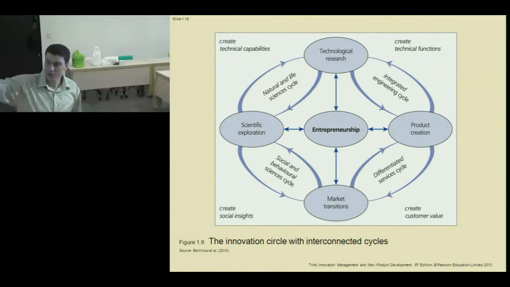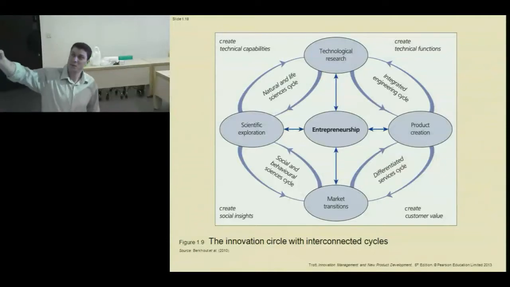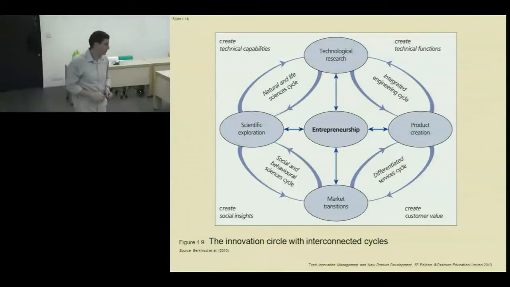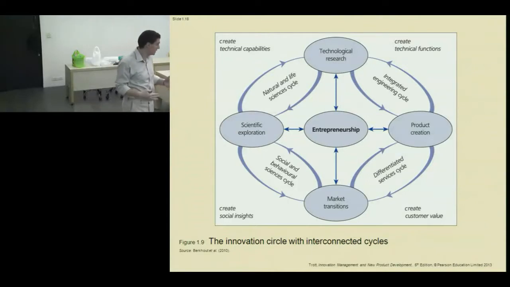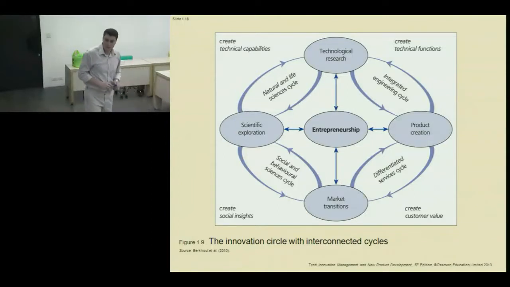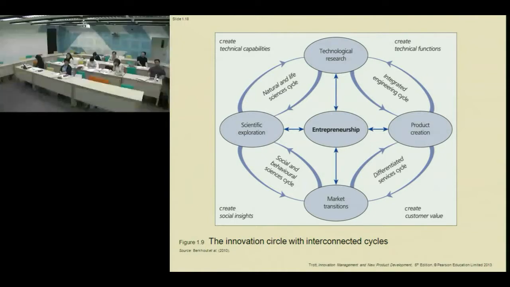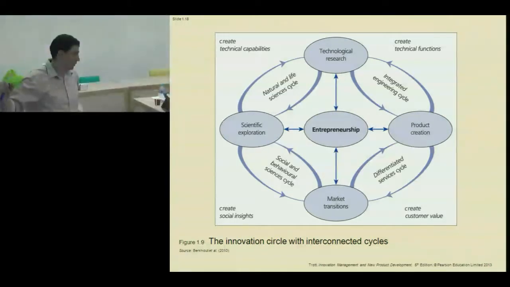Okay? From the social and behavioral cycles. And up left we have technical capabilities, because we combine science with technology. Okay. That's the innovation circle with interconnected cycles.